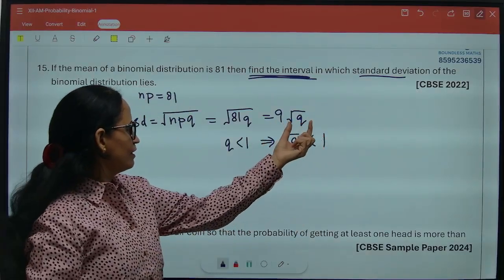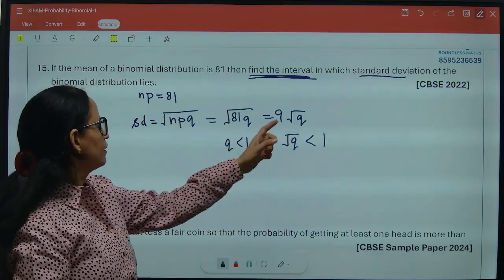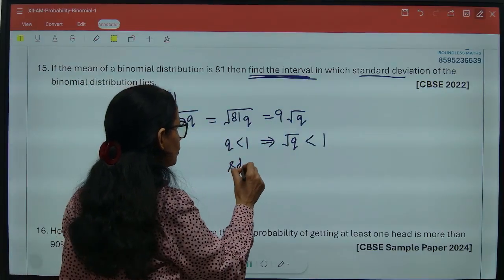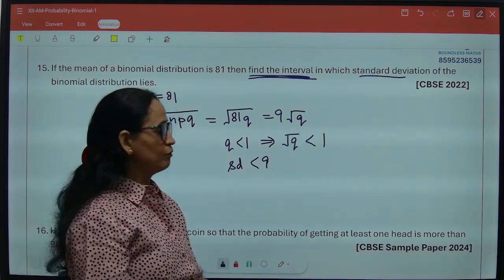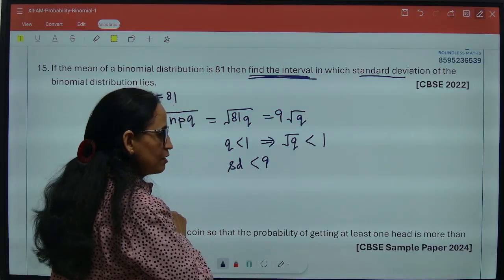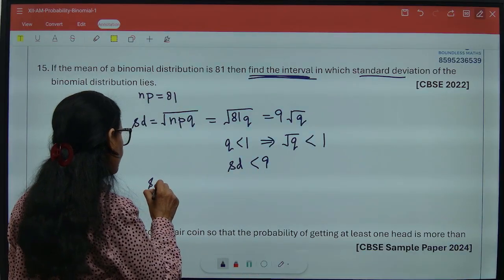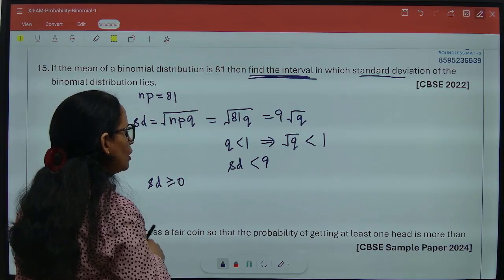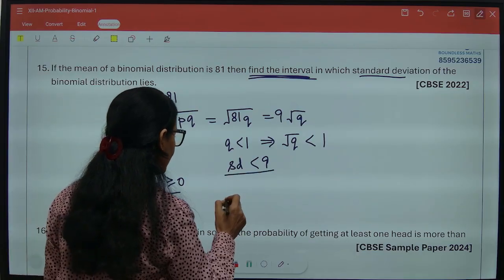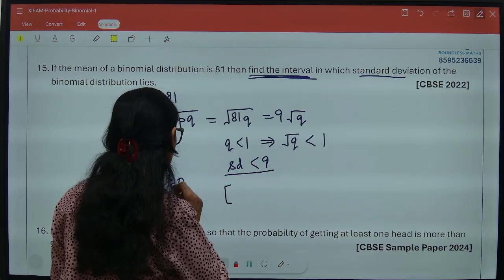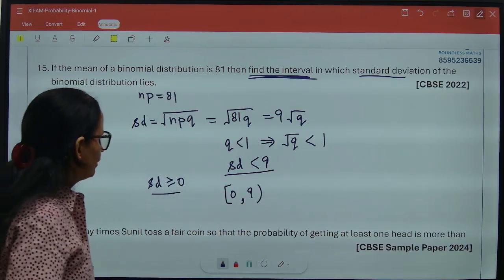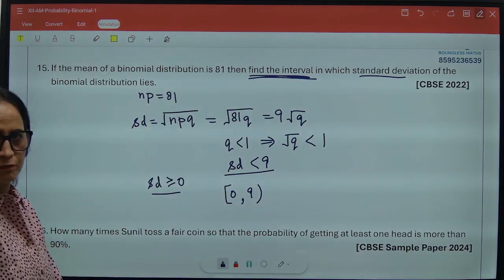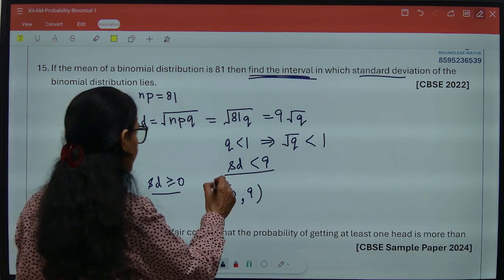Now if this is a decimal number, that means the standard deviation is going to be less than 9 because it is 9 into a proper fraction, a value less than 1. And standard deviation has to be greater than or equal to 0. So combining these two conditions means that the standard deviation lies in the interval 0 to 9, where 9 is open-ended and 0 is closed. So this is your answer.